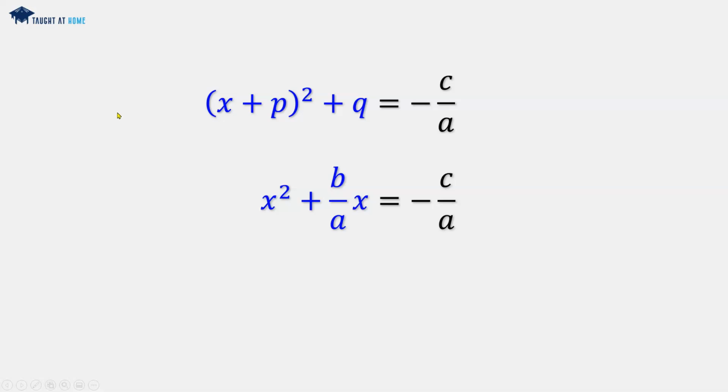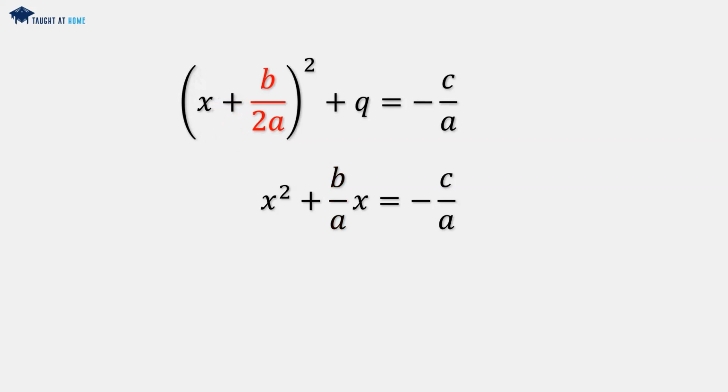All we have to do is figure out what are the values of p and what are the values of q. Well, we know from completing the square that to find p, we take half the coefficient of x. So for the value of p, let's take the coefficient of x and let's half it. And so we've got b over 2a for p.